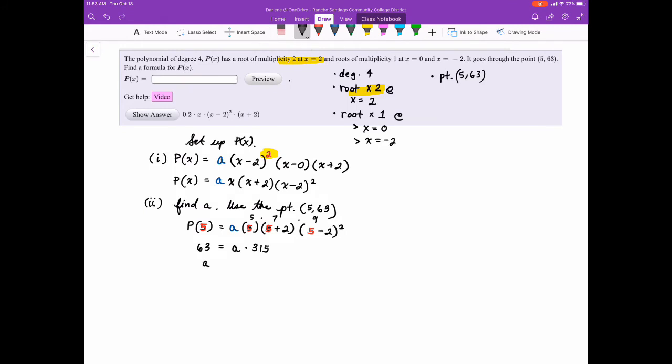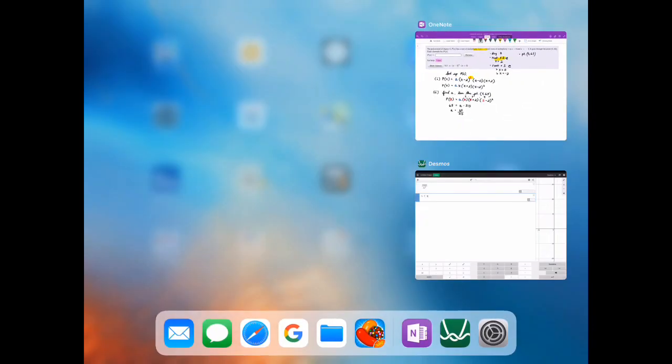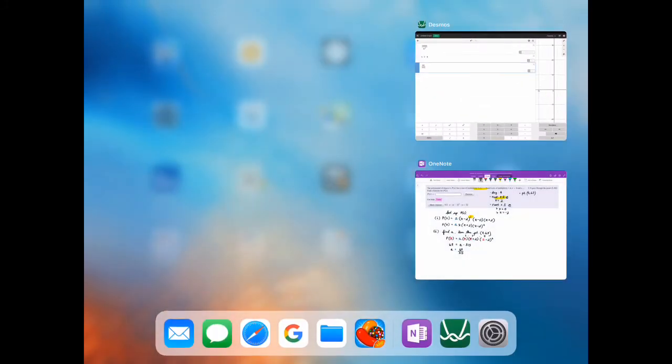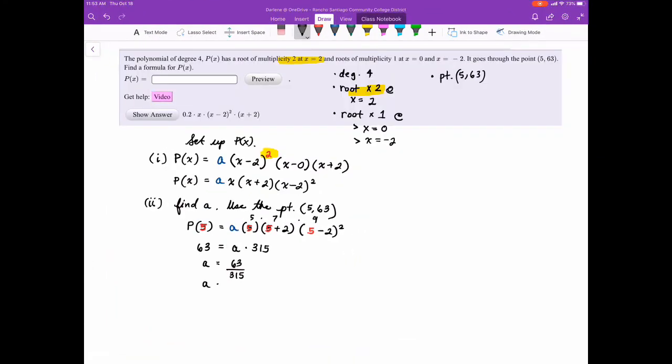And this means a is equal to 63 over 315. So let's see if I can get that reduced a little bit. And that says 0.2. So 2/10 or 1/5. So a is equal to 1/5, or we could put 0.2.